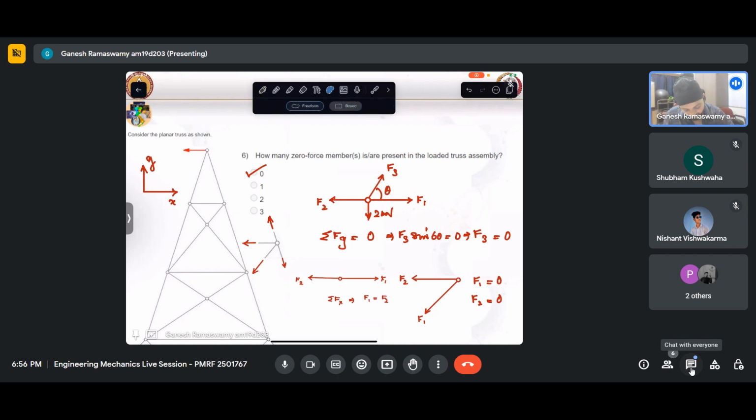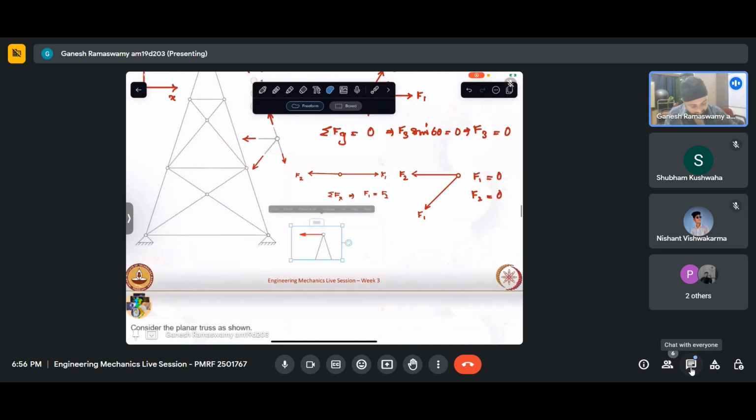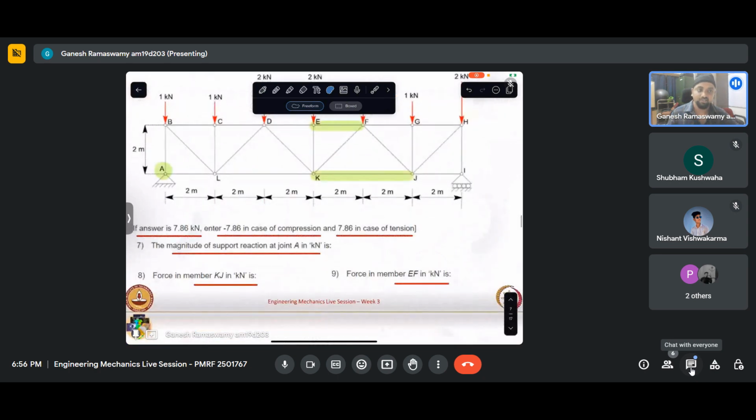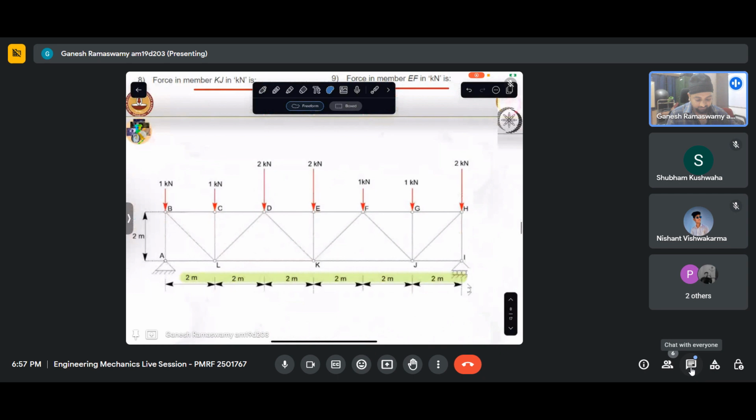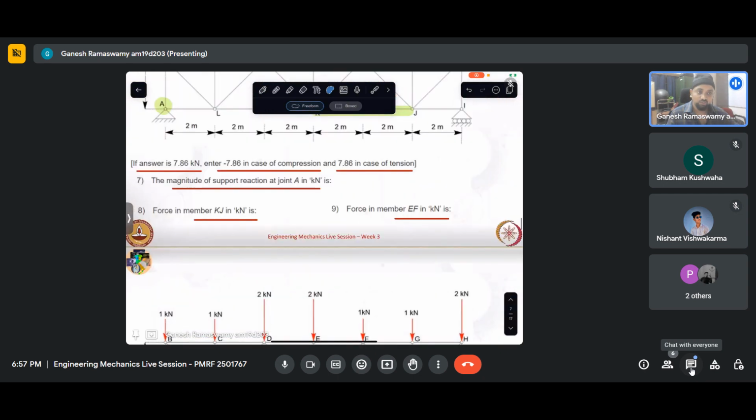For example, if I cut a section like that, and then I put it here, I'm able to see that I have exposed two forces. And at that joint, since it's a concurrent force system, I have two equilibrium equations. I can uniquely solve for them, provided the geometric constraints are known and this force is known, which would be the case. So this implies that the method of joints, that is cutting sections at joints, essentially will be helpful if I have only two forces acting at a joint.